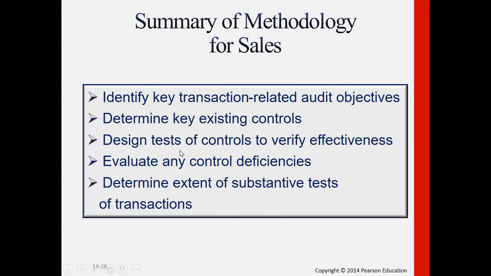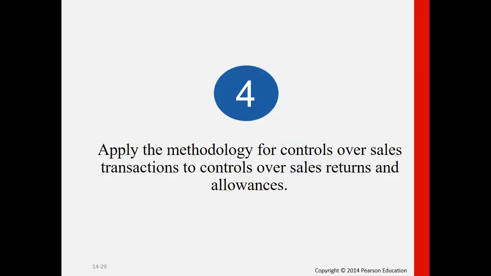Design the controls to be tested, so the test of controls to verify the effectiveness of such, evaluate the control deficiencies and the extent of substantive tests to be made, whether it's going to be more extensive or less extensive. After that, apply the methodology for controls over sales transactions, the controls over sales returns and allowances.